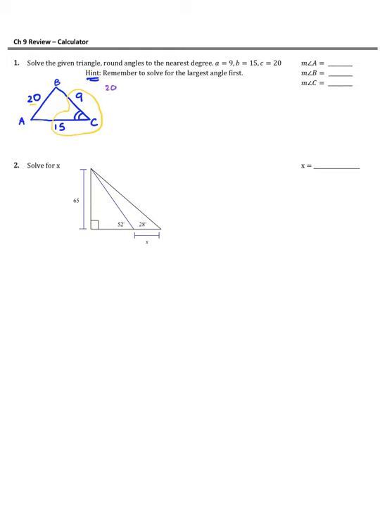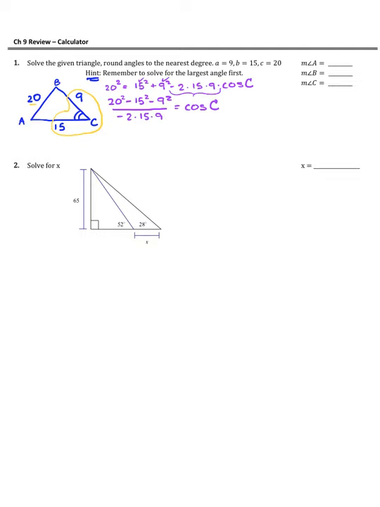So this will be 20 squared equals 15 squared plus 9 squared minus 2 times 15 times 9 times cosine of angle C. Our goal is to solve for cosine C, so we're going to isolate it. So 20 squared minus 15 squared minus 9 squared, that'll bring these over, divided by this coefficient, negative 2 times 15 times 9, equals your cosine of C.